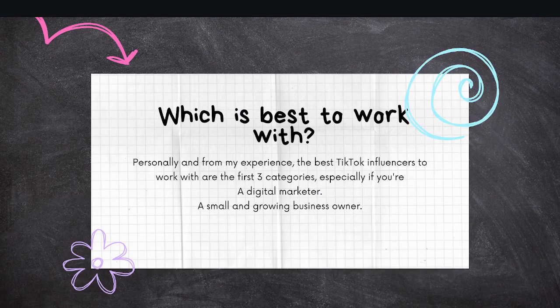Because number one, they are affordable, and number two, a lot of them put more effort into building your brand and promoting it because they are still struggling, trying to get to that macro and to that mega, to become that superstar, that celebrity.